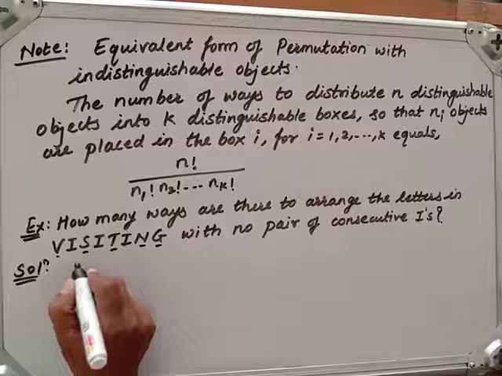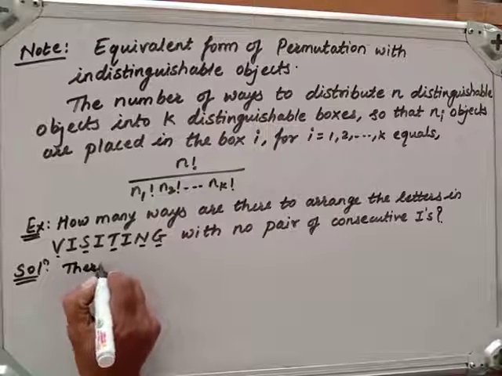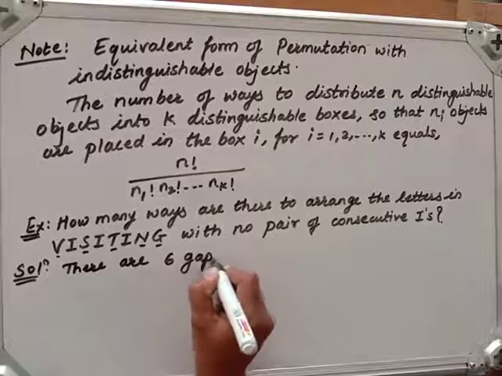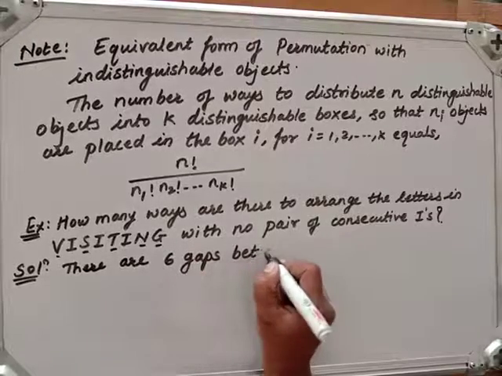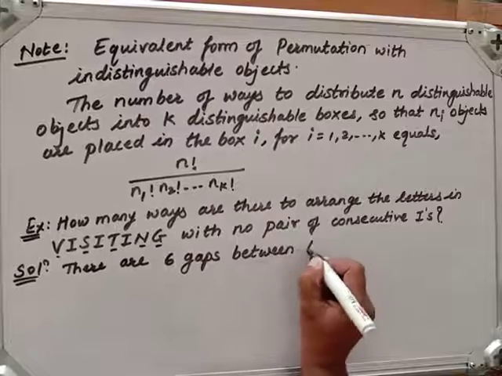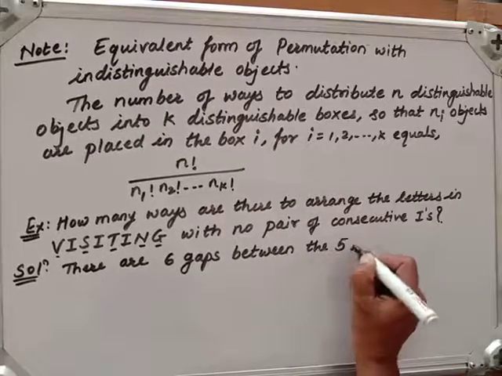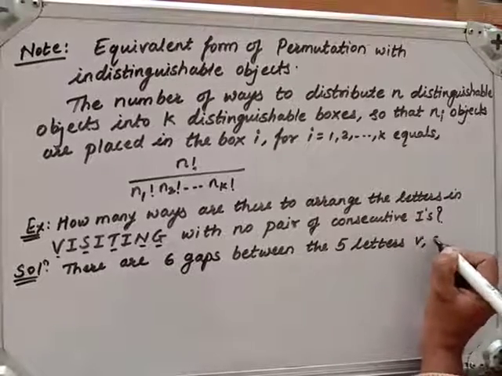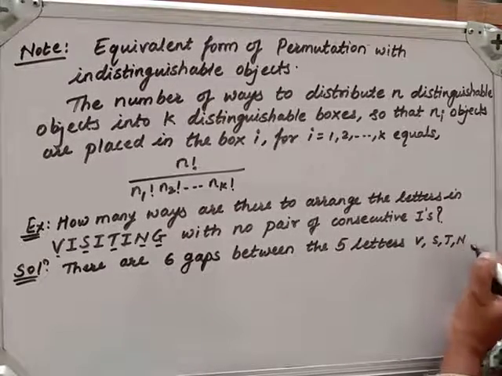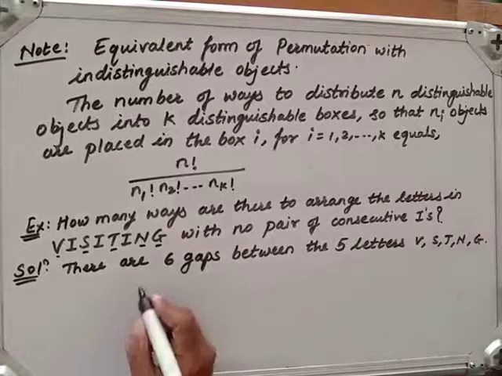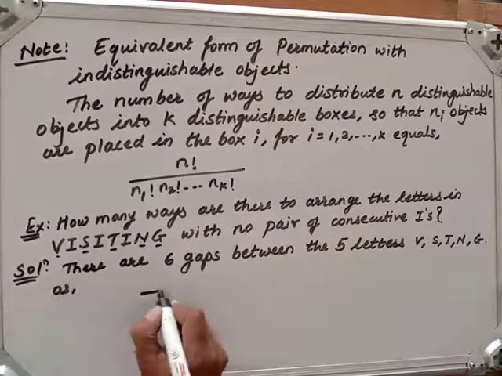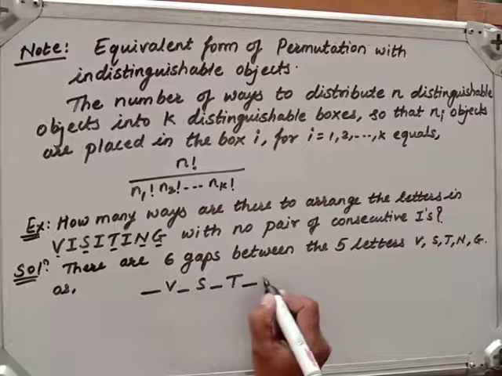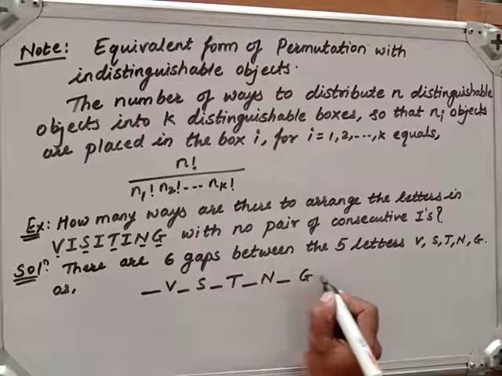So what can we say? There are 6 gaps between the 5 letters. Which 5 letters? V, S, T, N and G. Here I will put a gap, here a gap, T gap, N gap, G gap.